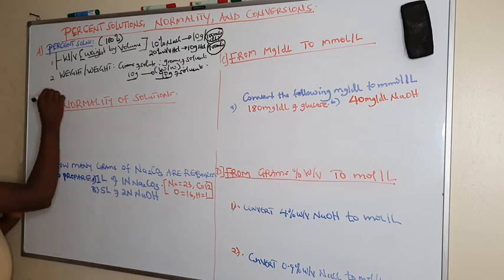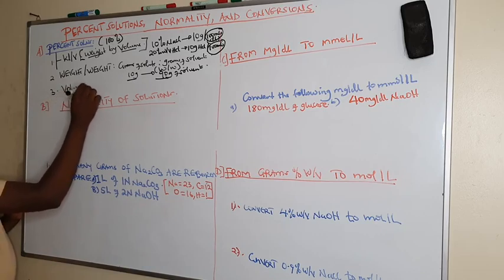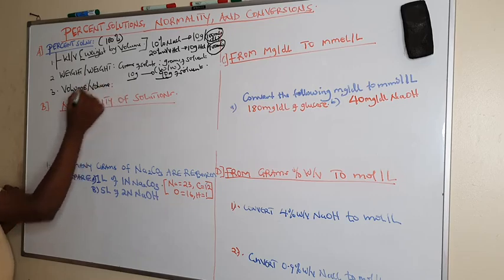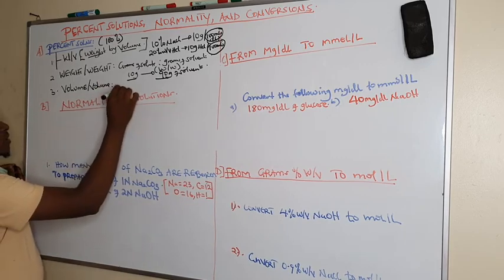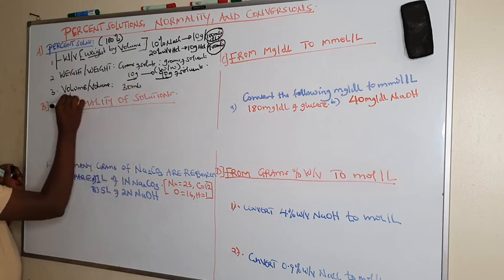Then lastly, we have also volume by volume. Volume by volume is also a way of measure, whereby you get maybe like 30 mils. So this one is liquid to liquid.